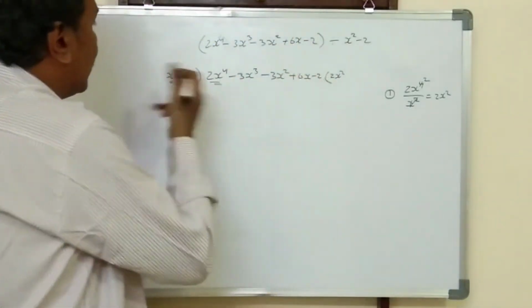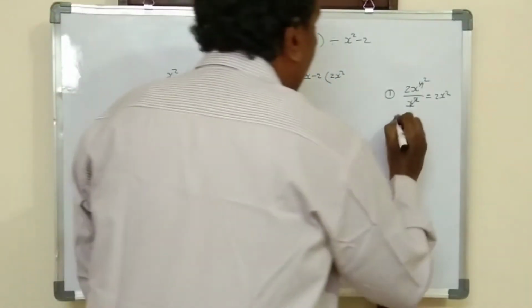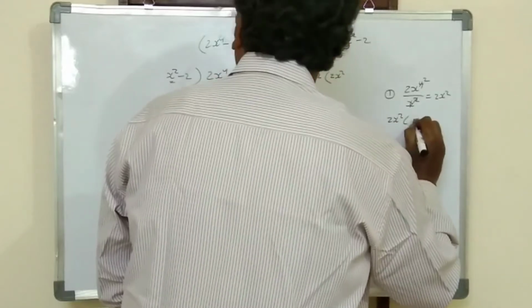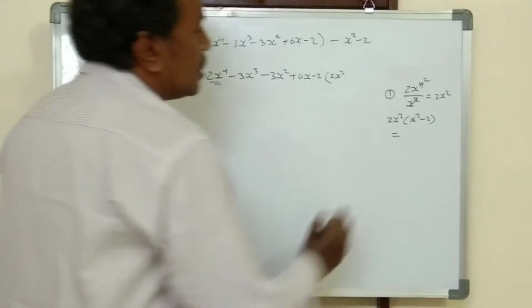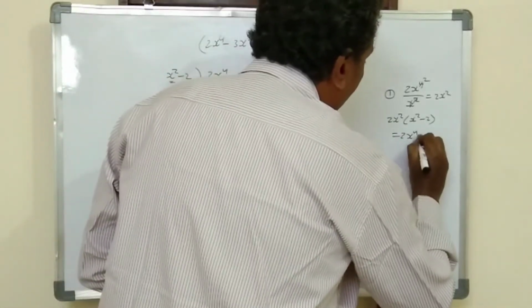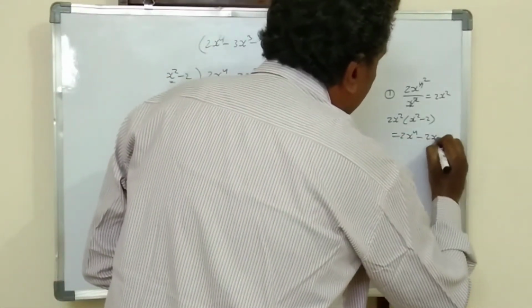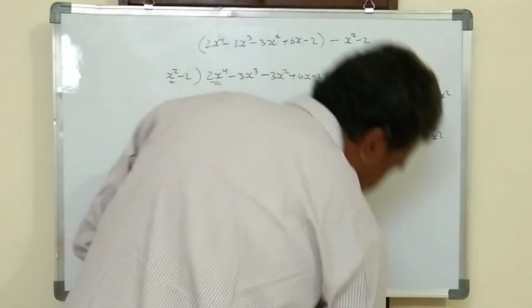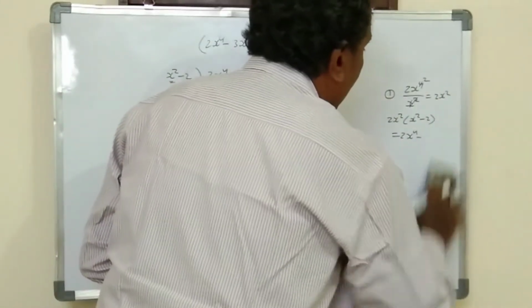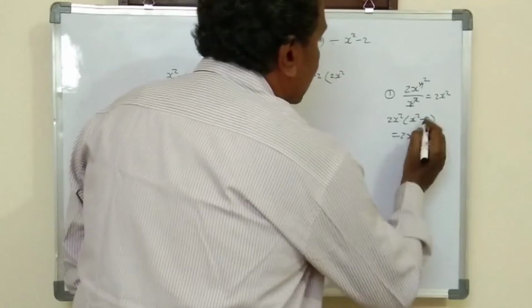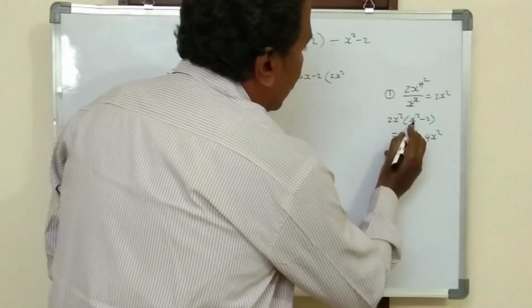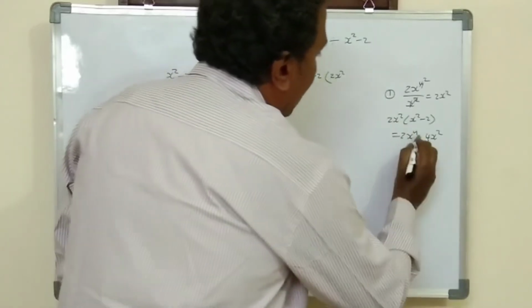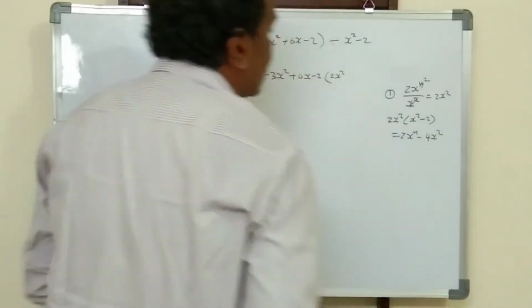As usual, 2x square into this binomial, x square minus 2. That becomes 2x power 4 minus 4x square, not 2x square: 2x square into 2 is 4x square.